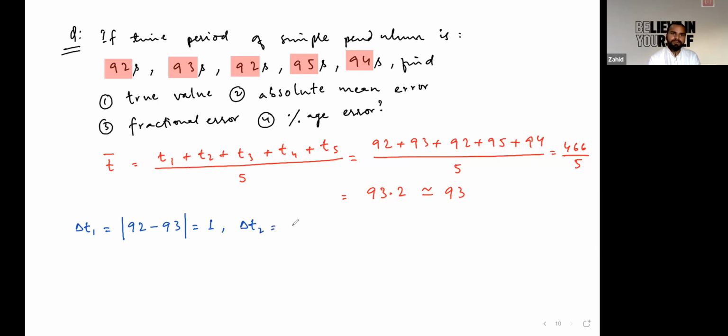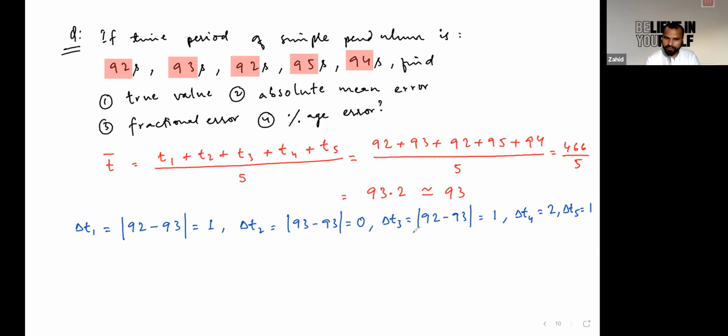Similarly, delta T2 is 93 minus 93 mod, so it will be 0. Delta T3, which is 92 minus 93 mod, so it will be again plus 1. Similarly, delta T4, which is 95 minus 93, so it will be 2. And delta T5, which is 94 minus 93, so it will be 1.